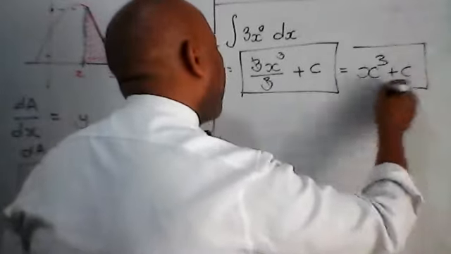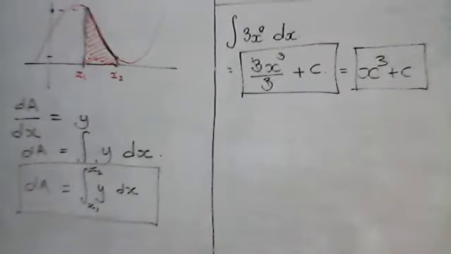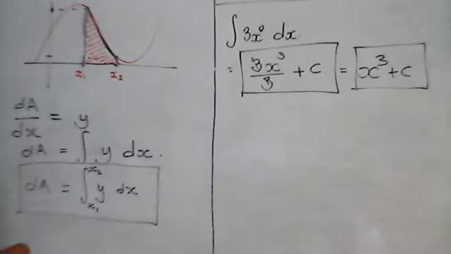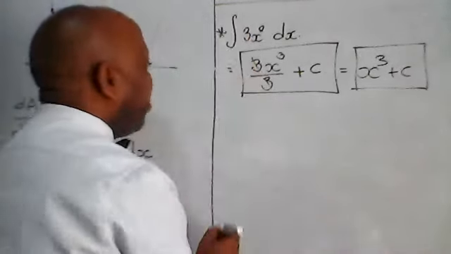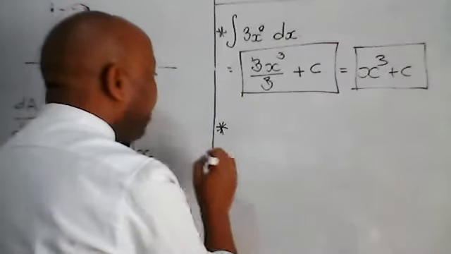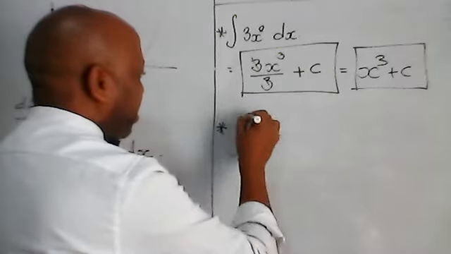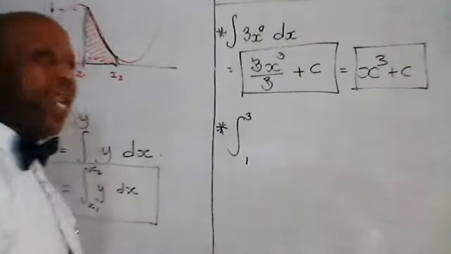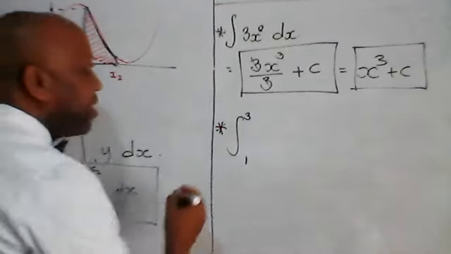We have now found the function x cubed plus c, which is our indefinite integral. Now suppose that instead of an indefinite integral, we want to find the specific area between, let's take our boundaries to be 1 and 3, our x1 and x2, or our a and b, as you will see in other textbooks.